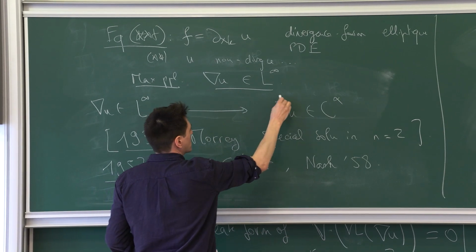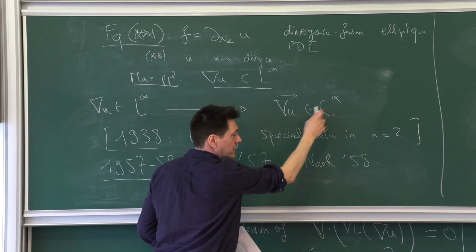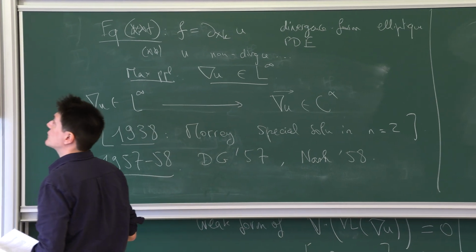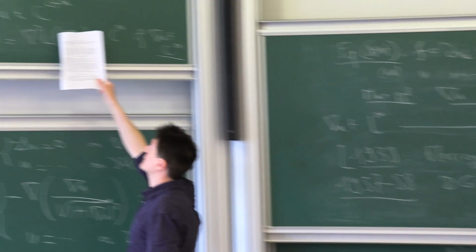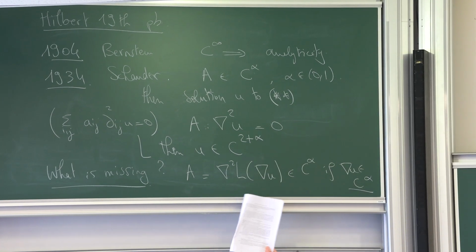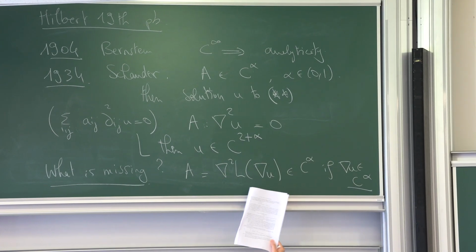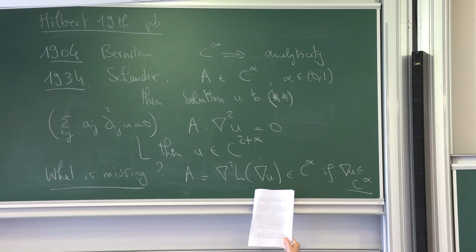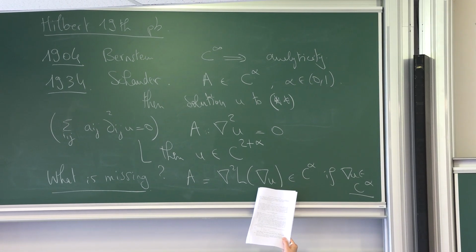So in the end, you get the whole vector of derivatives of U being Hölder, and then you can start the Schauder estimates. Once you gain C2 plus alpha, you feed that information back into your coefficients, and then you realize that your coefficients are not just C alpha, they are actually themselves C1 plus alpha, right? You lose 1 by the gradient.